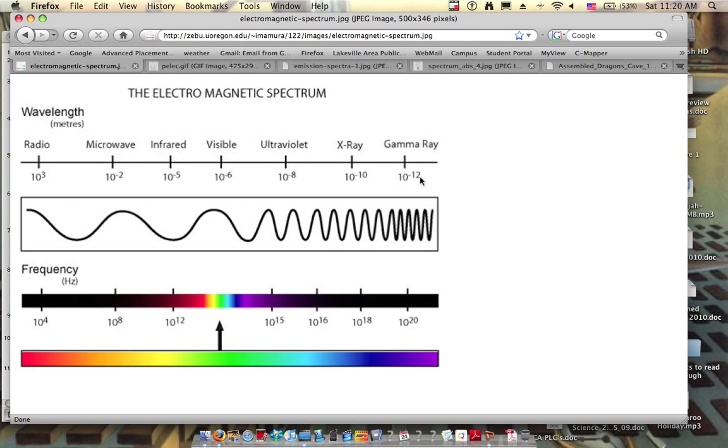The wavelength gets shorter, and you can see shorter wavelengths right here in the gamma ray region, and longer down here in the microwave, infrared, or radio wave region. And you can see that the frequencies there are smaller in the microwave radio wave region, whereas the wavelengths get bigger compared to X-rays and gamma rays.